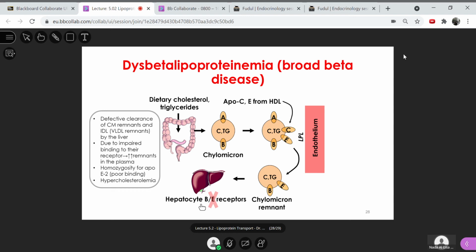So they will have increased levels of remnant particles in the blood with hypercholesterolemia. So here the defect is in the ApoE itself.